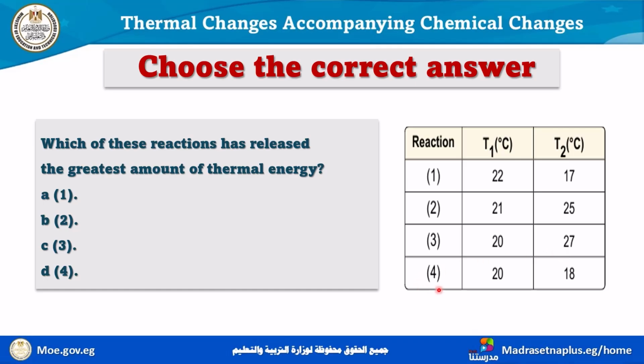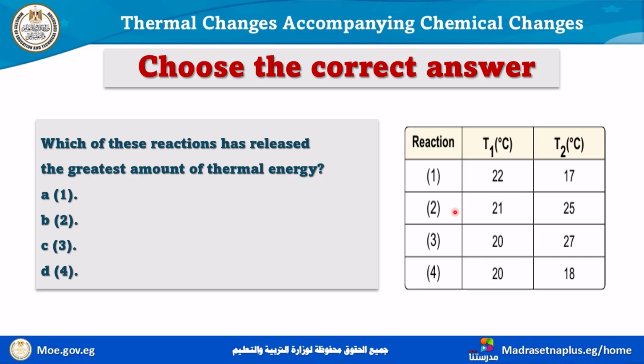The fourth reaction, where T1, the initial temperature, is 20, and the final temperature is 18. We observe here that the temperature at the end of the reaction is less, so the thermal energy in the fourth reaction is absorbed, not released, so it's an endothermic reaction.